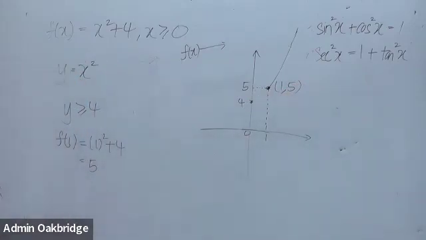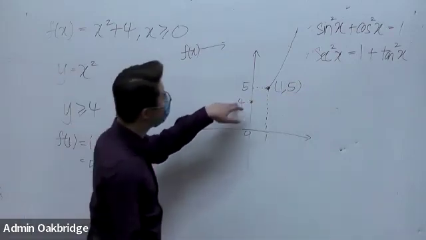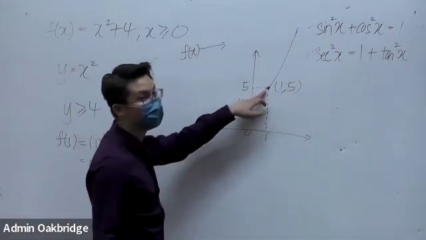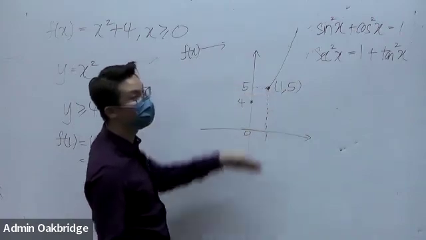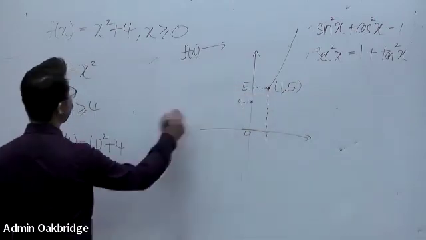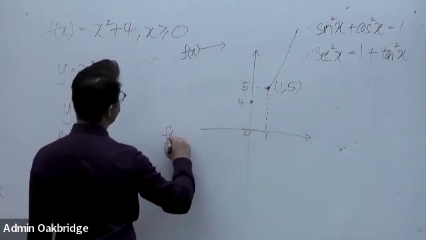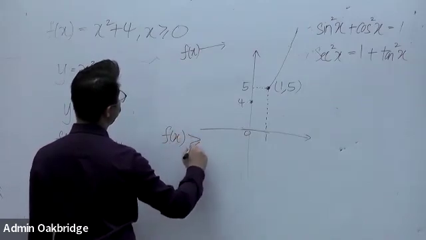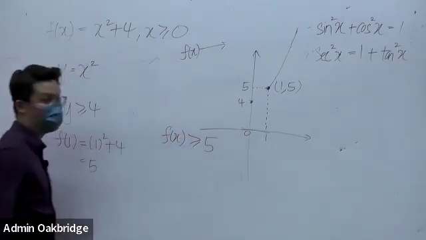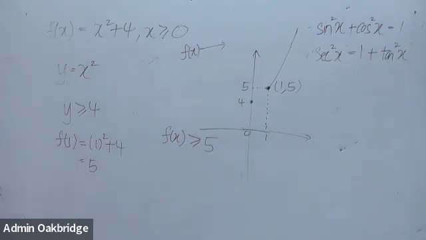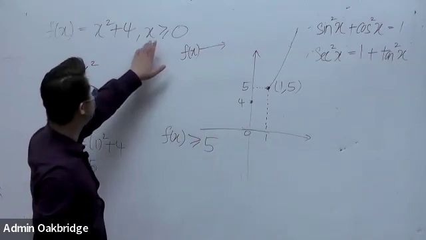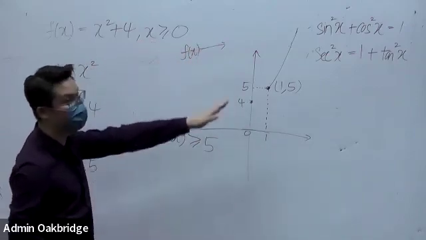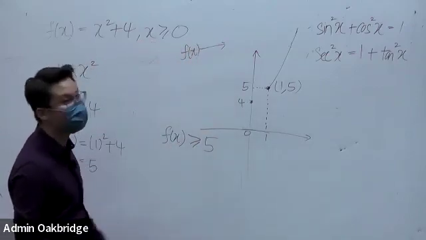So what's the range now? It no longer starts from 4. It starts from 5. The minimum value here is 5. So in this case, f of x is more than or equal to 5. Understand? It's very important to check where the x values start and where the x values end, because that also decides the range.